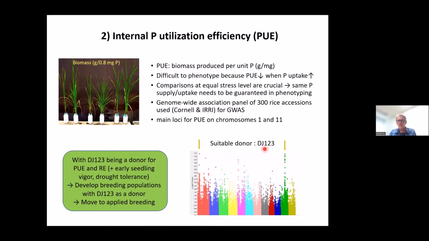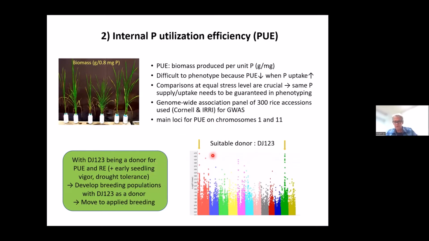Very interestingly, DJ123, the donor for root efficiency, is also a suitable donor for internal P utilization efficiency. That may indicate that it came from an area in Bangladesh, possibly northern Bangladesh, where P deficient soils predominate and it evolved under such conditions. So having such a donor would allow us to do breeding.